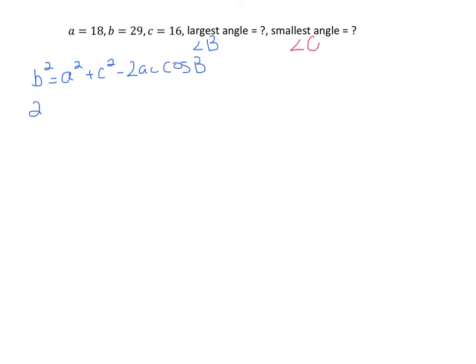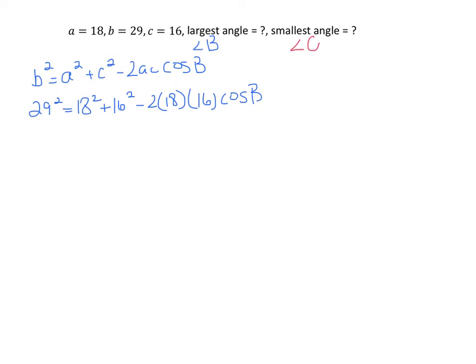So that becomes 29 squared is equal to 18 squared plus 16 squared minus 2 times 18 times 16 times the cosine of b. So now it's just a matter of doing algebra.